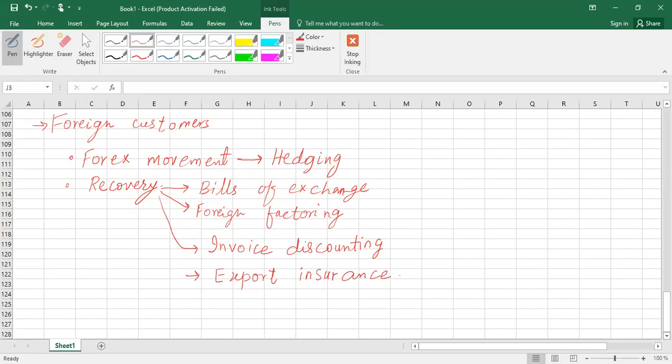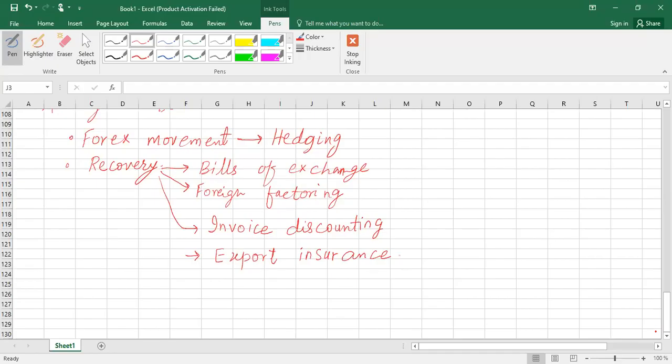Another aspect relevant to receivables management and foreign customers is the cancellation of orders. It is also possible that your foreign customer cancels the order before the delivery date.